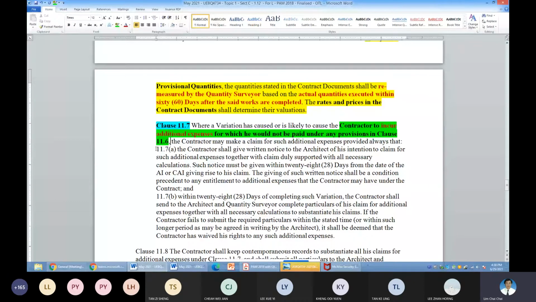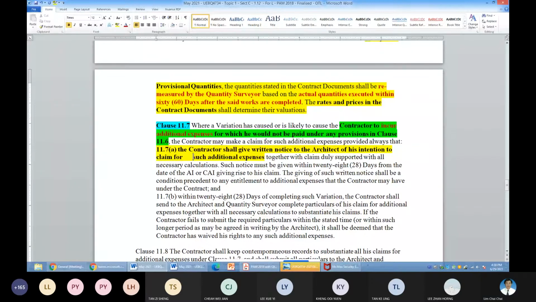So what the contractor needs to follow: must give notice of the claim. This is step number 1. The contractor must give written notice to the architect. When to give the notice?